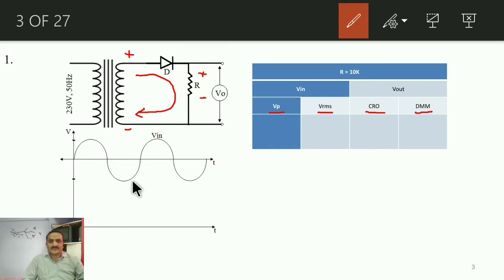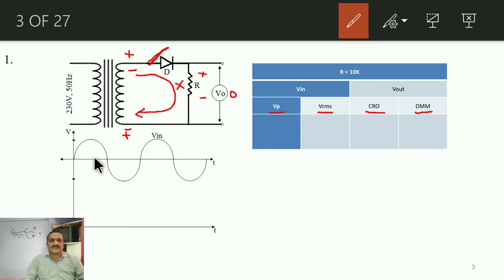Now during the negative half of the input, the polarity will get reversed, this terminal will become negative and this one positive, and the diode will become reverse biased. As we know, when a diode is in reverse bias condition, it will act as an open circuit. That's why there will be no flow of current through this path, and the output voltage will be zero in this case.